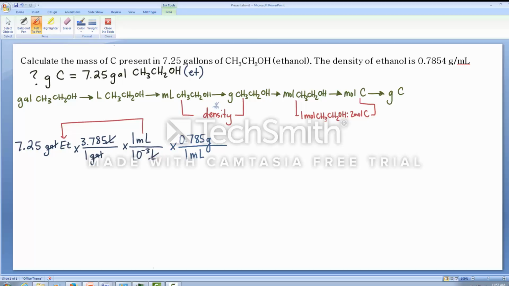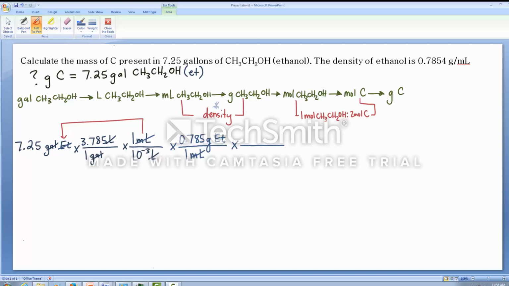Okay, so milliliters and milliliters cancel, and this would be grams of ethanol. I'll cancel that from there and move it here. So now we have a mass of ethanol.